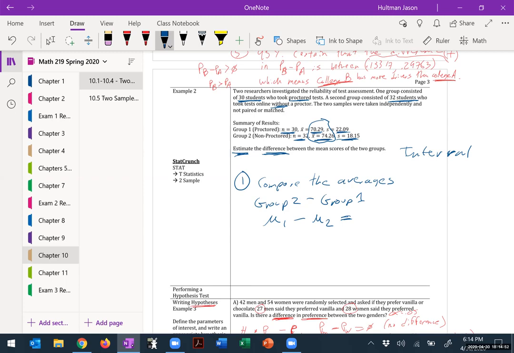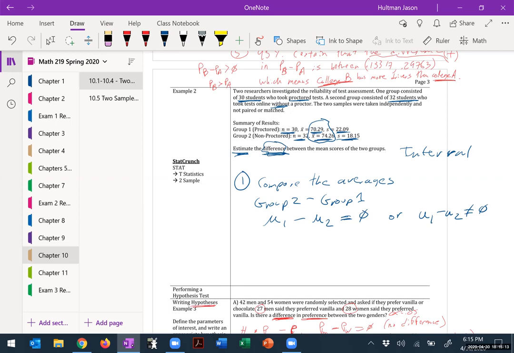I want to estimate the difference between the mean scores. So mu1 minus mu2, are they equal to 0, or is mu1 minus mu2 not equal to 0? Is it different?